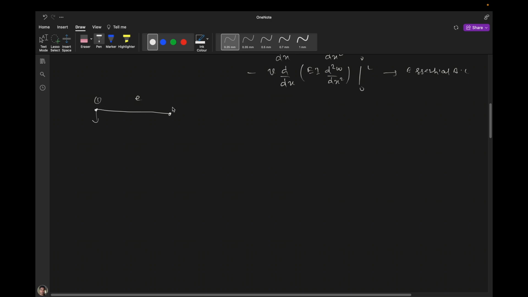Suppose it is node 1 and it is node 2, and the displacement at node 1 we will write W1, and the slope we will write W1 dash, and this is W2 and this is W2 dash. So for each element, these are the variables which we will use.